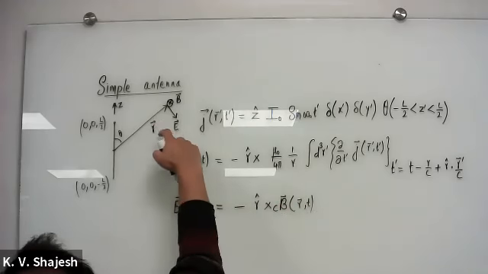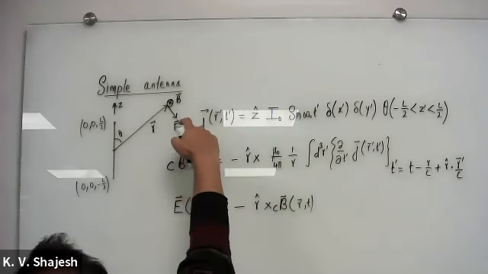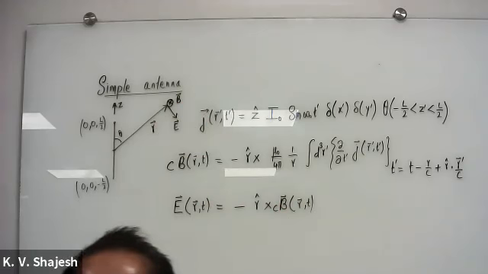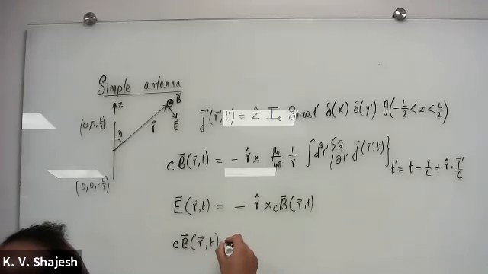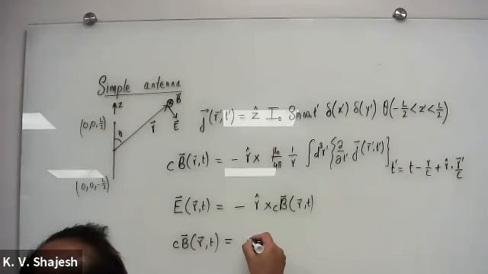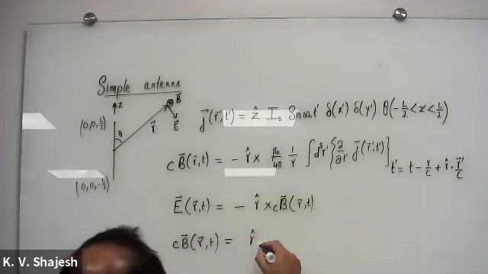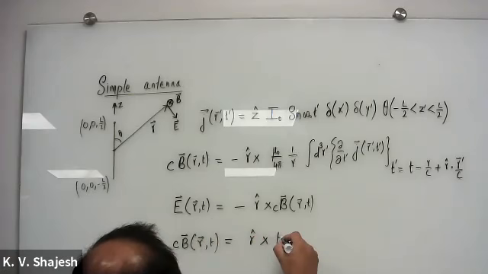So all these three vectors R hat, the vector E and B are orthogonal to each other, and that is captured by the relation. This is in turn equal to R hat crossed with electric field.